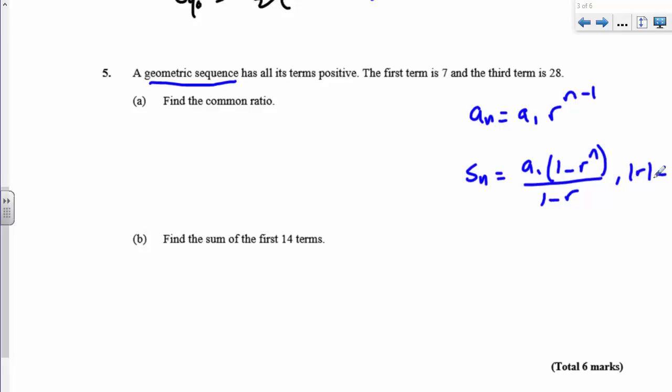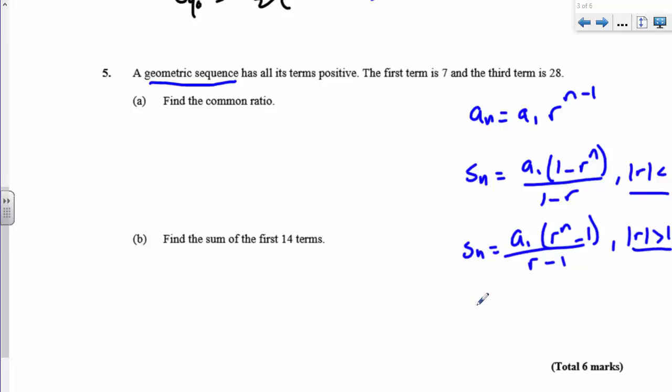If the absolute value of r is not less than 1, then we use this formula instead, which is kind of the same thing, but we rearrange some things. This will be r to the power of n minus 1 all over r minus 1. And that's true if the absolute value of r is greater than 1. So there's two different formulas based on the value of r.